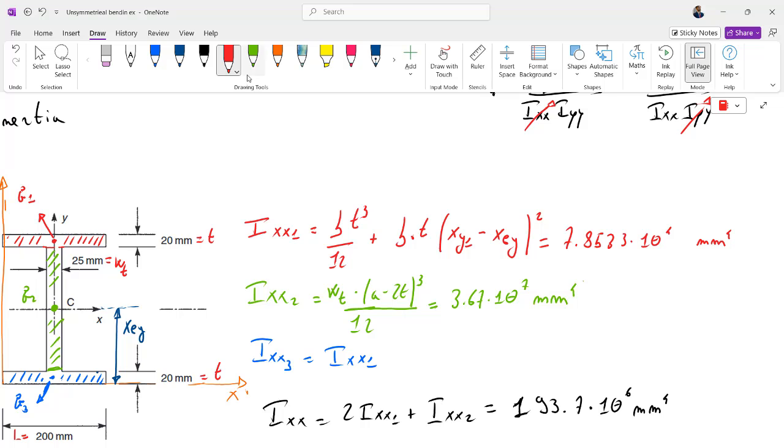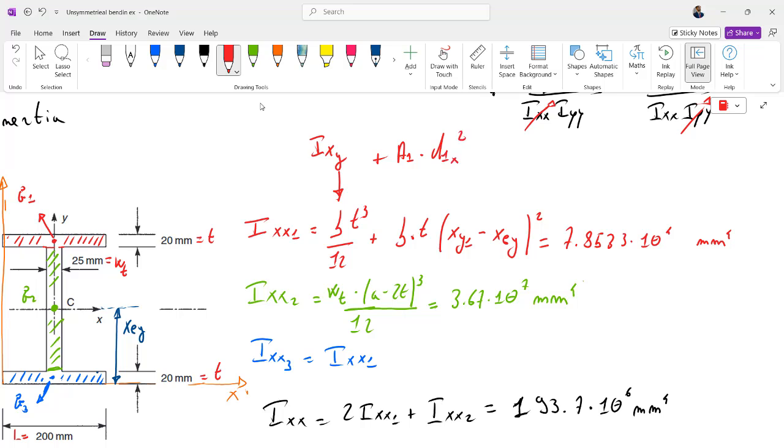We have the moment of inertia Ixg, so the moment of inertia of the first rectangular shape with respect to its own centroidal axis, plus the area of this rectangular shape multiplied by d1x squared.